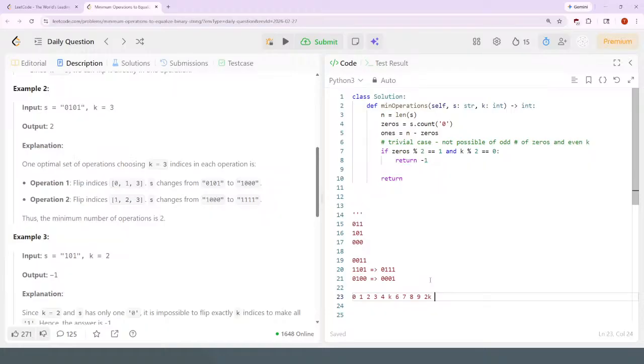I wonder if this can be done using dynamic programming, I want to say. Dynamic programming doesn't quite work out because of the number of zeros and ones.